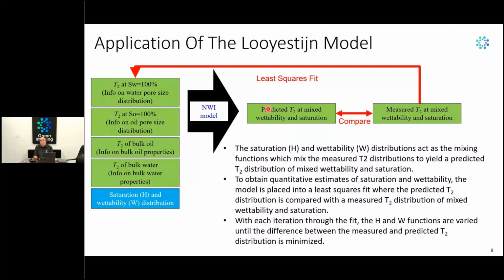Once you've minimized that, you've arrived at your best fit. The prediction is always done by varying only these H and W functions. So you end up with a final H and W function after so many iterations through the fit, and now you've got a final predicted T2 distribution, which hopefully matches your measured T2 distribution very closely.